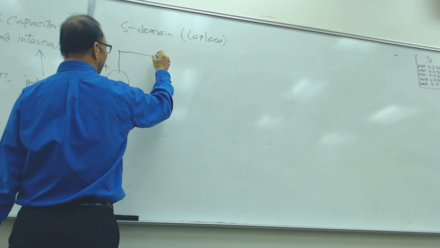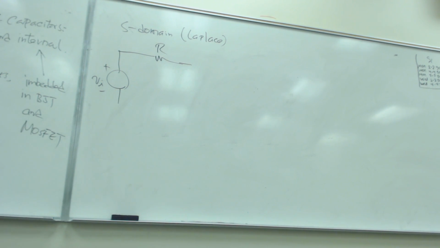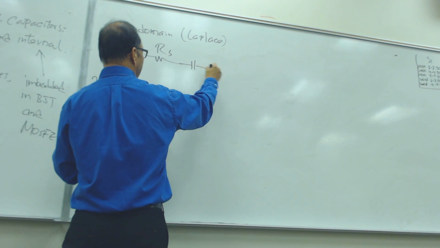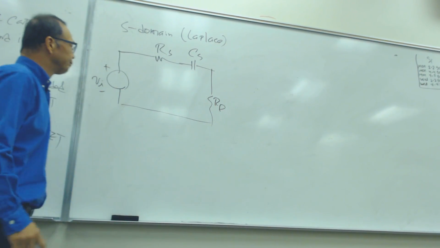Let's say you have an R and a C. It's called R sub S, this is called C sub S, and this is called R sub P. Okay?